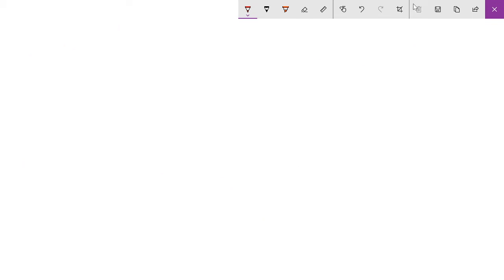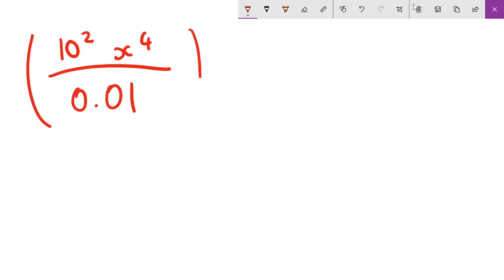Now let's suppose you have 10 squared x to the power 4 over 0.01, and then all to the power of 1/4. Now please note that 0.01 you can actually simplify into fractional indices and exponents, because mathematicians don't really like using decimal numbers because they're very hard to deal with.